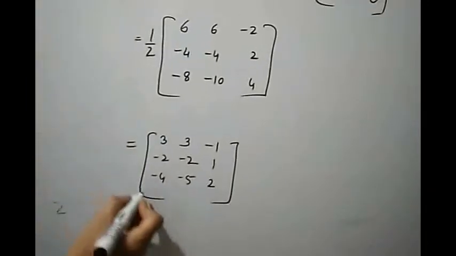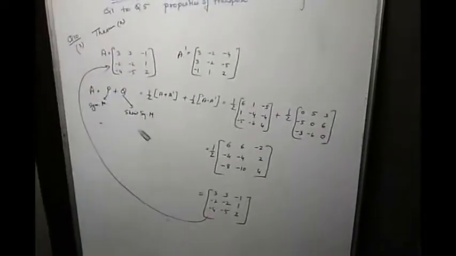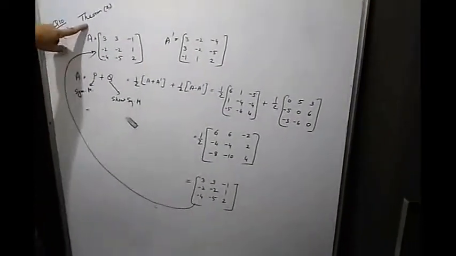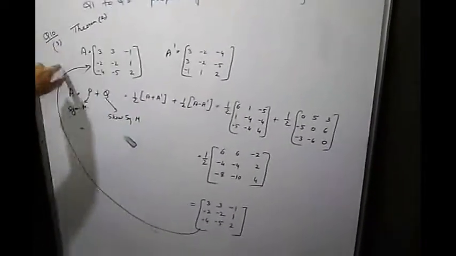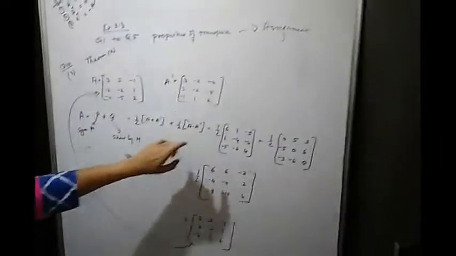Now when we compare this resultant matrix with A, we can see that both are the same. Hence the second theorem is again verified: any square matrix can be expressed as the sum of a symmetric and a skew symmetric matrix.